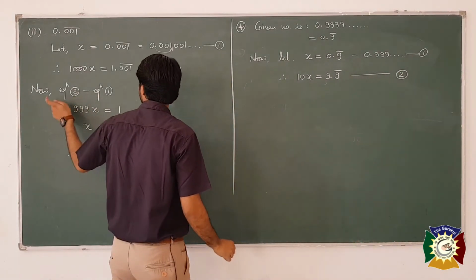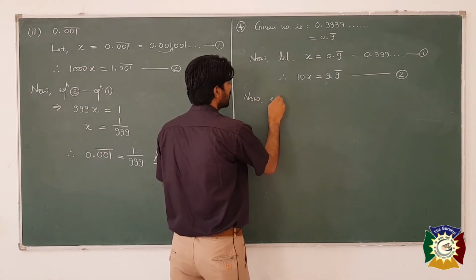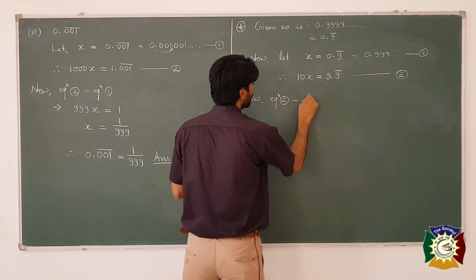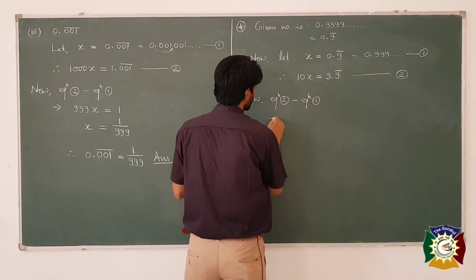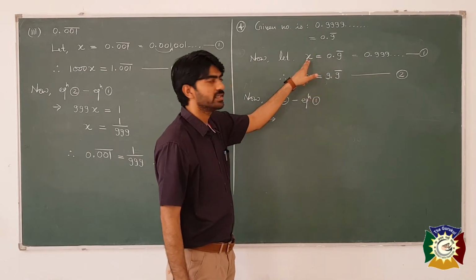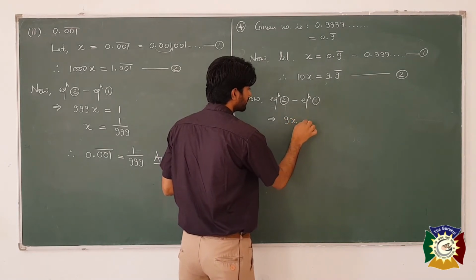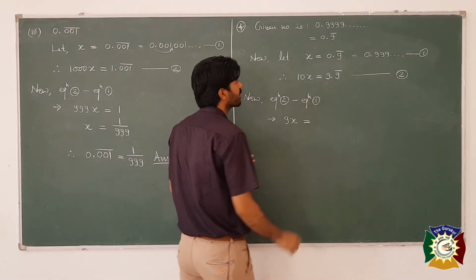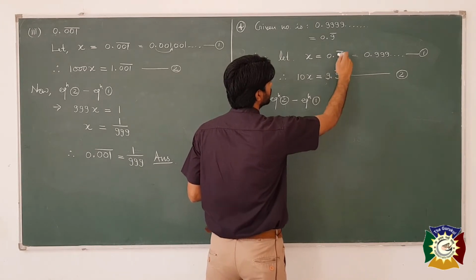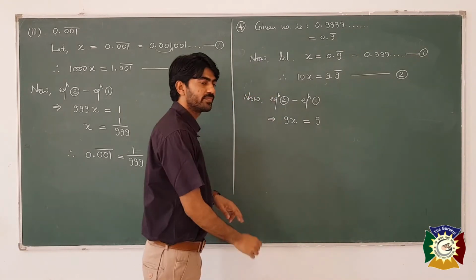Now next step again same. Equation 2 minus equation 1. So we get 10x minus x, which is 9x, is equal to 9.9 bar minus 0.9 bar. So the repeating part will get deleted. 9 minus 0 is 9.